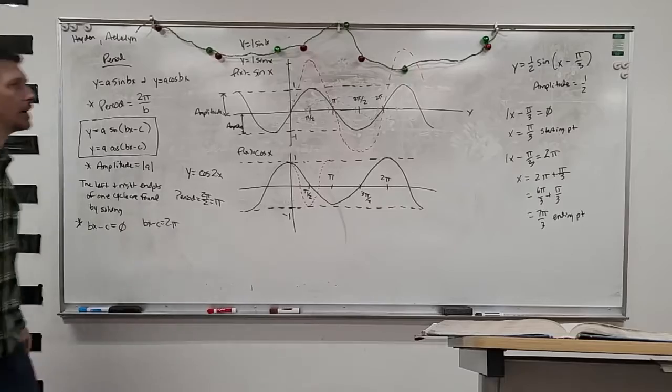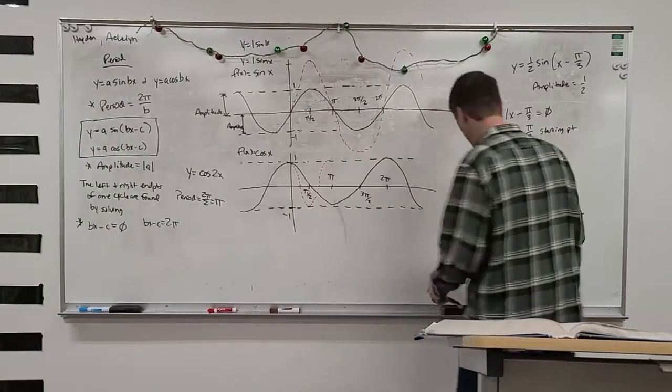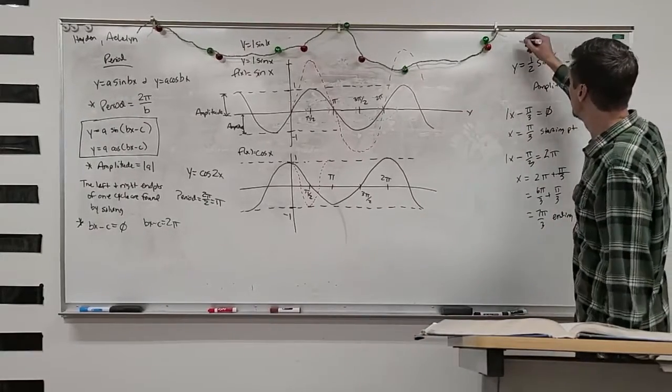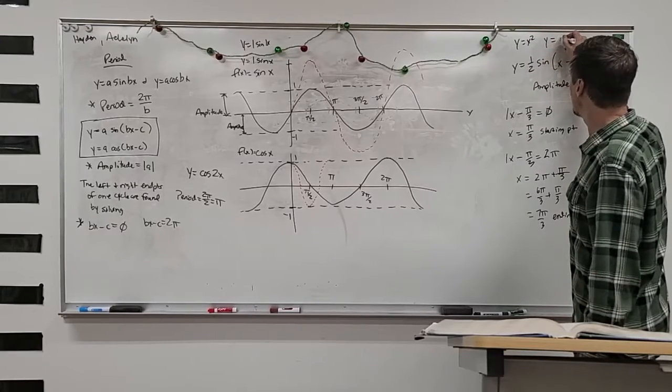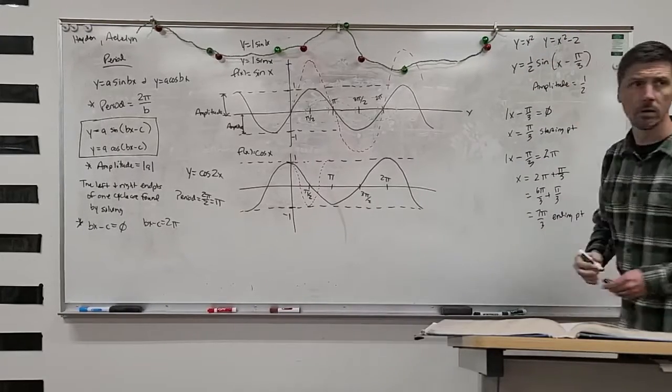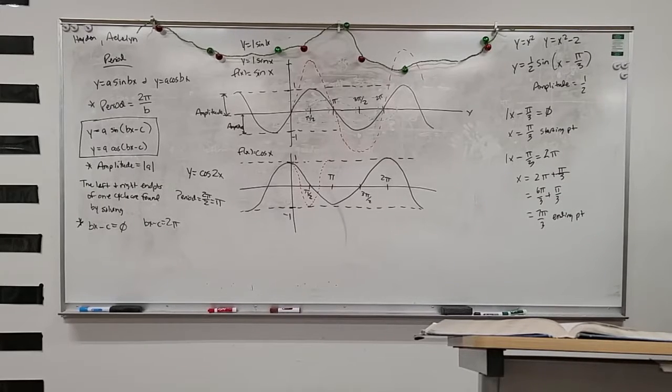But just think about this, remember what happened before when we had a function like y equals x squared, right? And then we did y equals x squared minus 2. What did that do? It brought it down, or was it to the right?